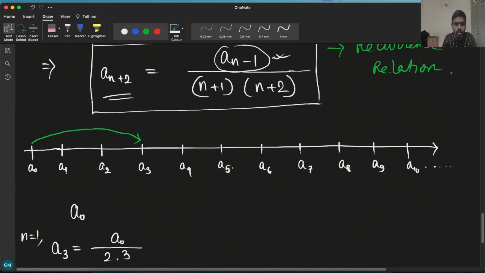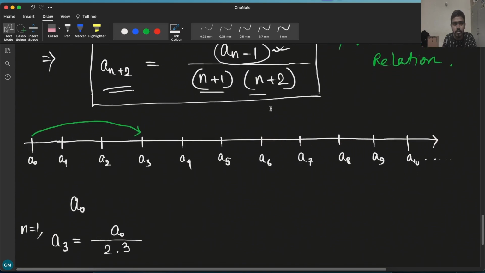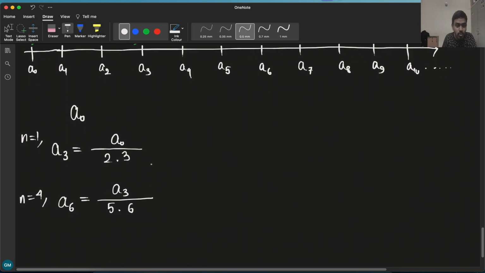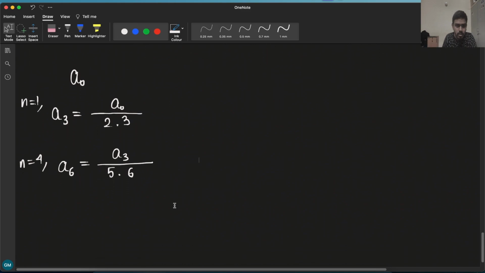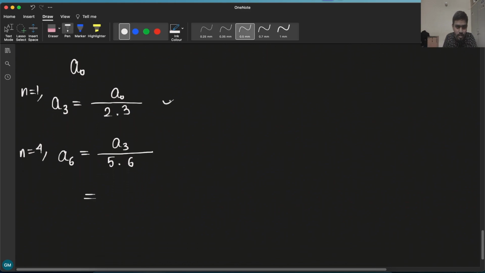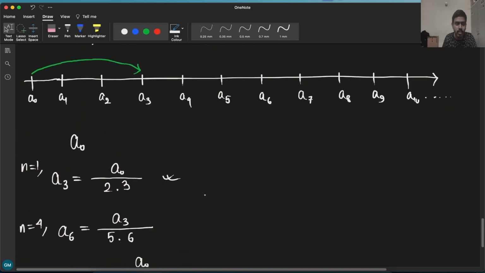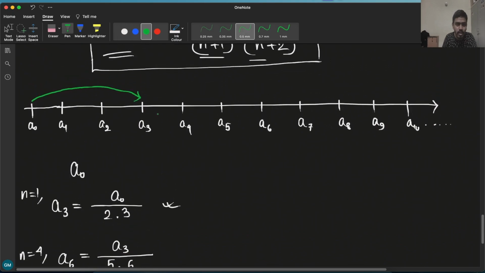Now I know what A3 is, so if I put A3 from here, I can write it as A0 divided by 2 times 3 times 5 times 6.